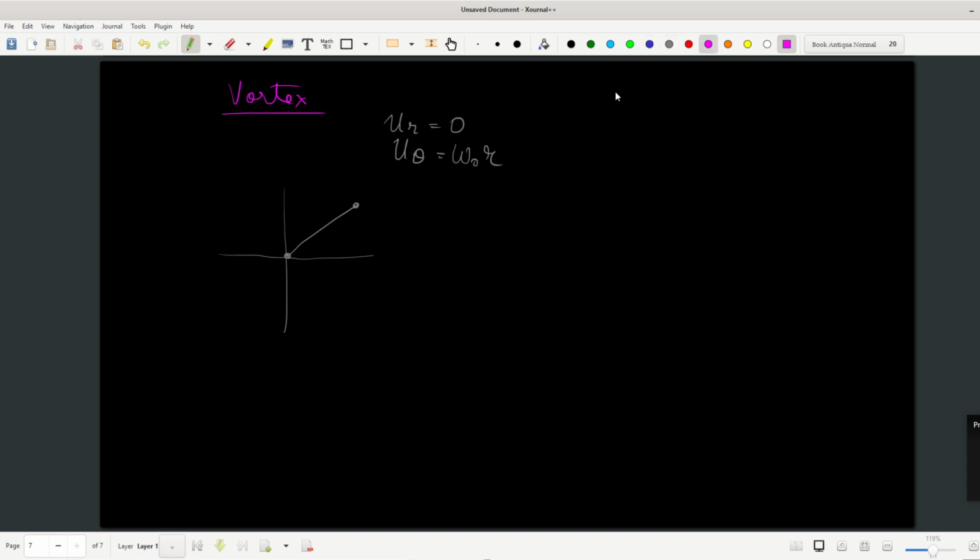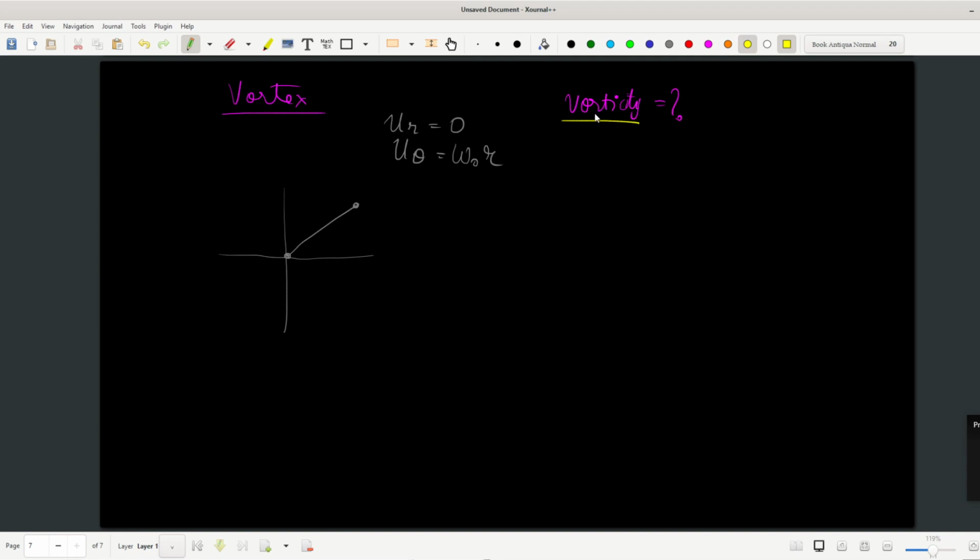So the question is, what is the vorticity? Let me tell you the formula for vorticity. You don't have to remember this. You can find the formula at the end of any book.